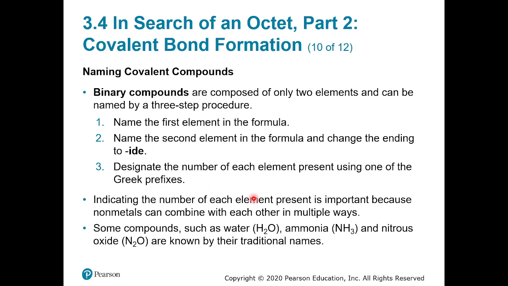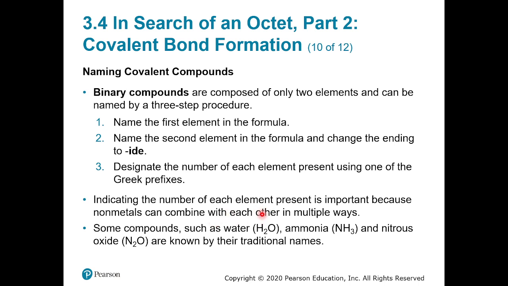Again, that's important because for nonmetals, covalent compounds, that number changes what compound it is, right? So, for example, water has H2O. Hydrogen peroxide, which you would not want to drink, has H2O2, right? Those would have different namings, and so we can indicate which one is which by those namings.